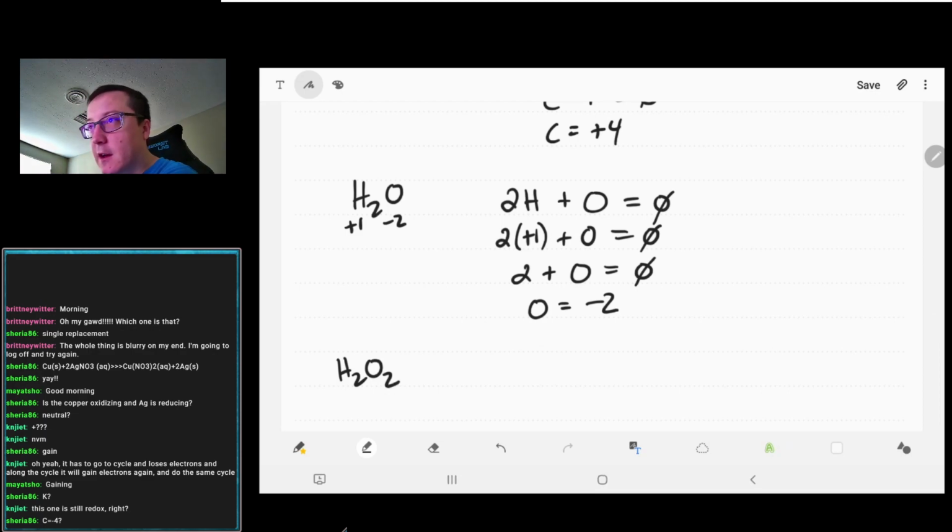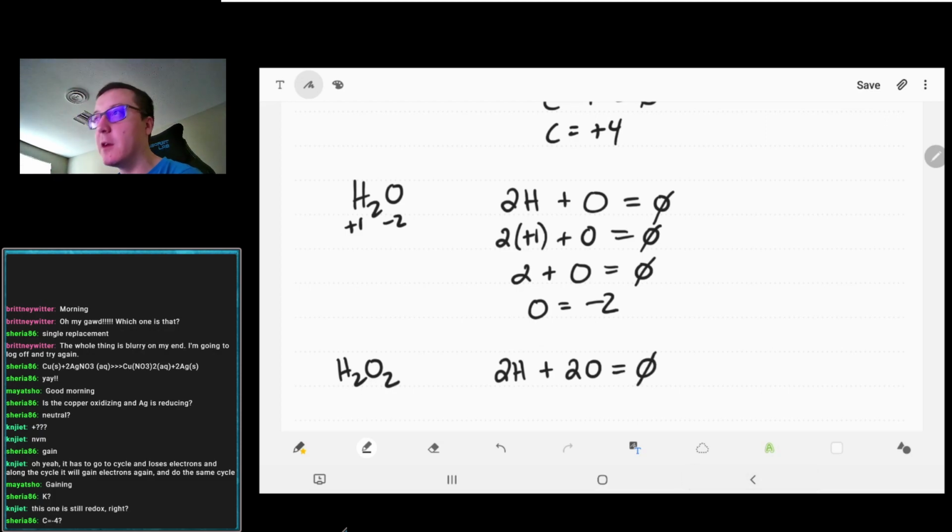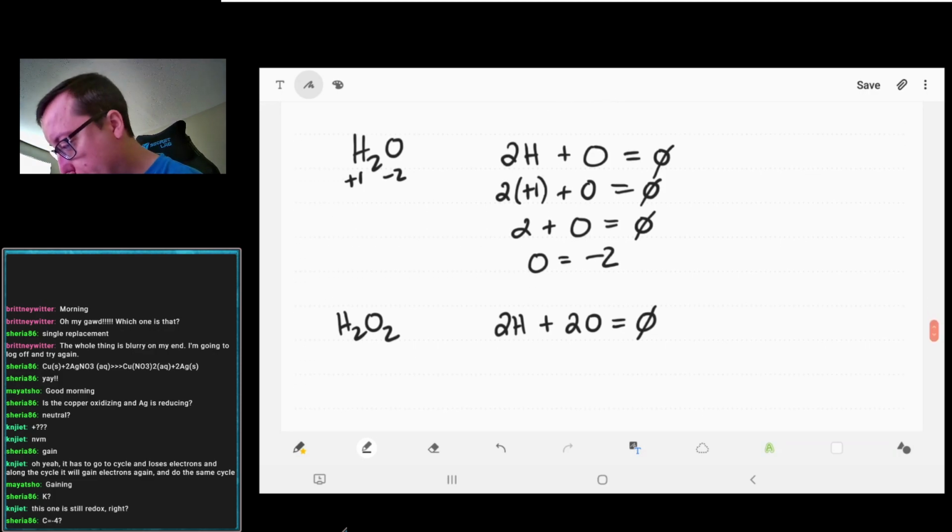If we look at this compound, we can do the same thing. We know that because it's a compound, everything must equal 0. Technically, hydrogen here is a simple ion. Or we could use the first part of rule 4. Again, either way you'll get it right, but technically it's a simple ion here.